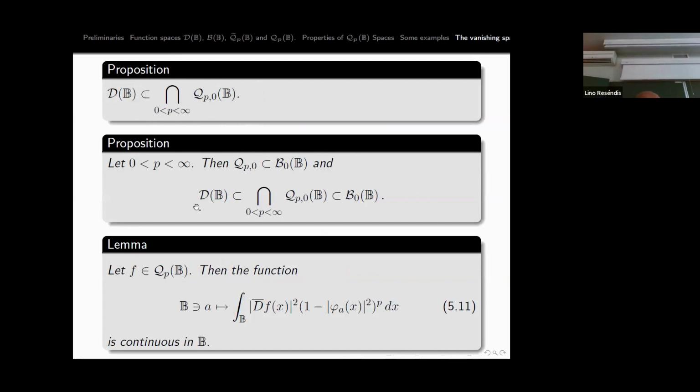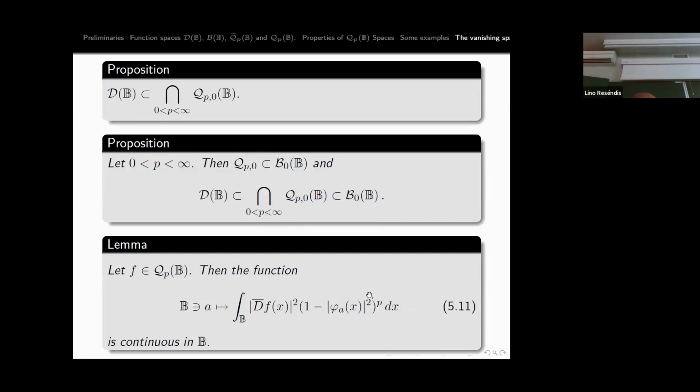Also, for p between 0 and infinity, of course, we have this inclusion, and we can consider all this intersection, which is a subset of the Bloch space. And we consider this function that is defined in the unit ball.